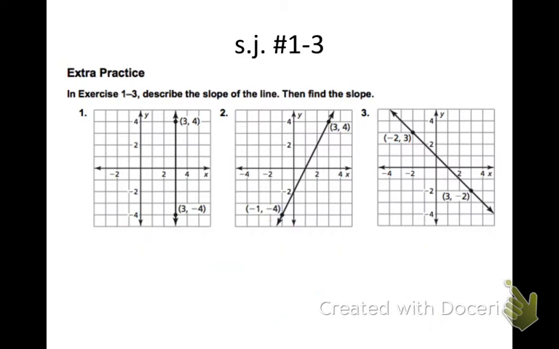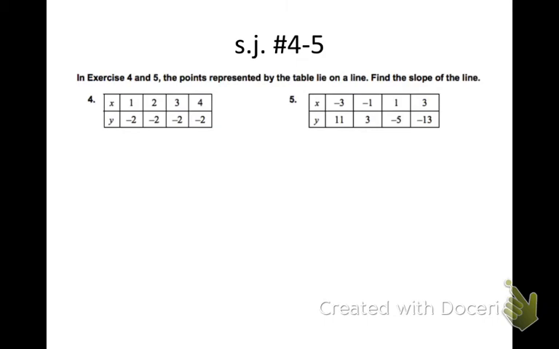All right, moving right along. Number 4 and 5. I do like that you are told that the points in the table represent a line. Since we know it's linear, now we just have to calculate what is the change in y. Well, it's plus 0. It's not changing, right?